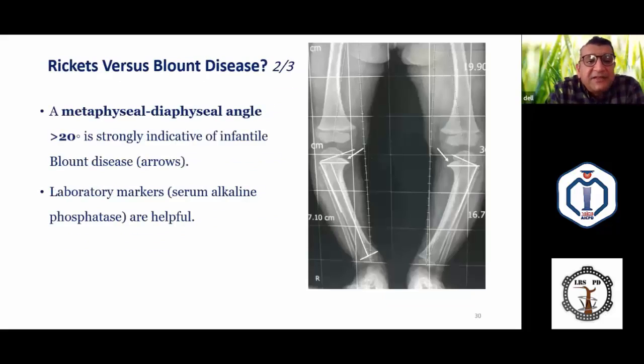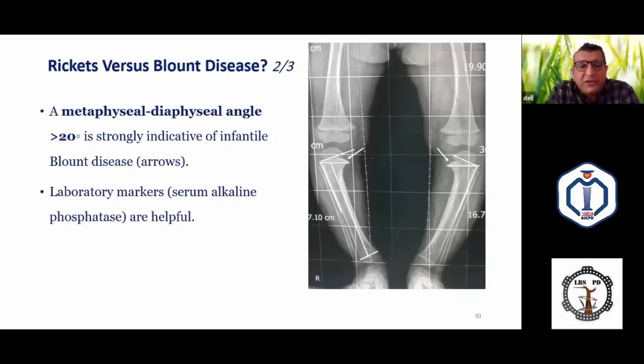A metaphyseal-diaphyseal angle, as you can see here, you can do further reading, but here it is well demonstrated. An angle that is greater than 20 degrees is almost pathognomonic of Blount disease. Patients with rickets have an abnormal metaphyseal-diaphyseal angle, but it measures less than 20 degrees.